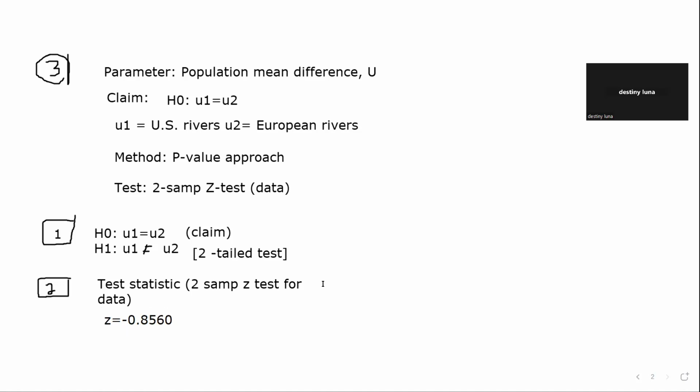That's my Z. Step 3 is my p-value. I'm going to make a note, just because this was missing something. Step 3 here is going to be my p-value. Again, this comes from the calculator.